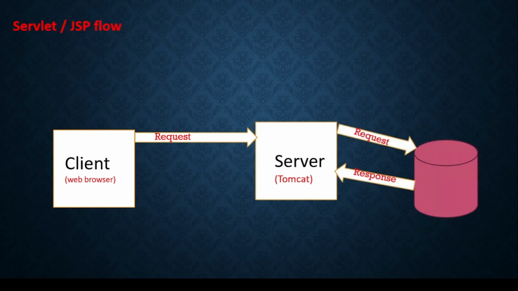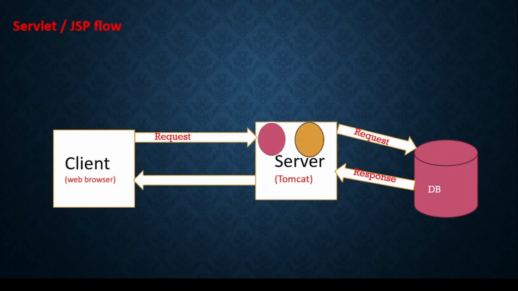On getting the response, the particular servlet would send the response to the server, and on getting the response from the database server, the server is going to send the HTML page back to the client. So these are the two things: this is the servlet and this is the JSP. This is deployed on the server. Finally we are getting the HTML page as the response. So this is the overall servlet and JSP flow.